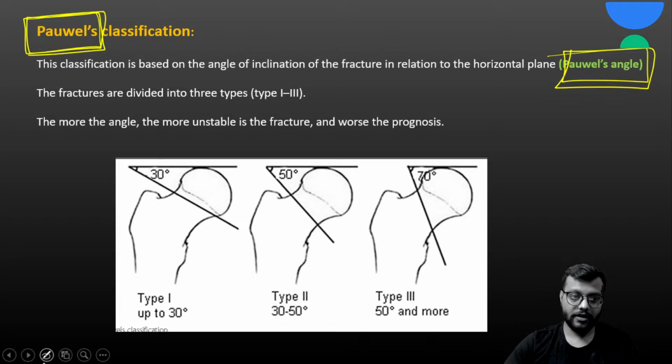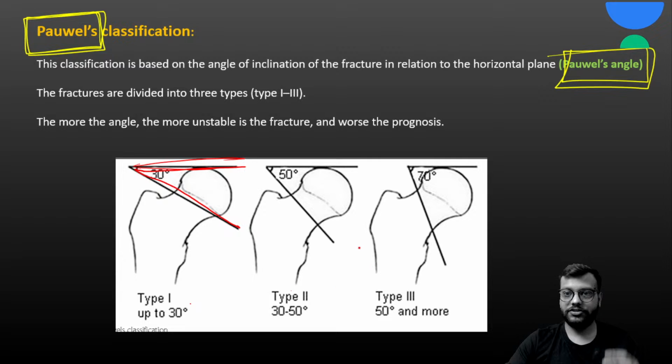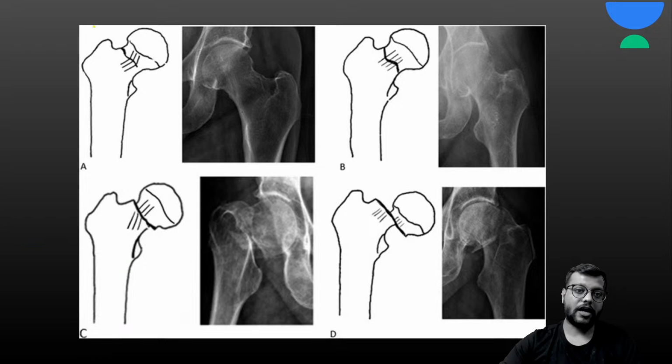In types 1, 2 and 3, as this angle increases, the fracture line goes lower, and the more distal the fracture line, the more unstable is the fracture and the worse the prognosis. And third is the Garden's classification.